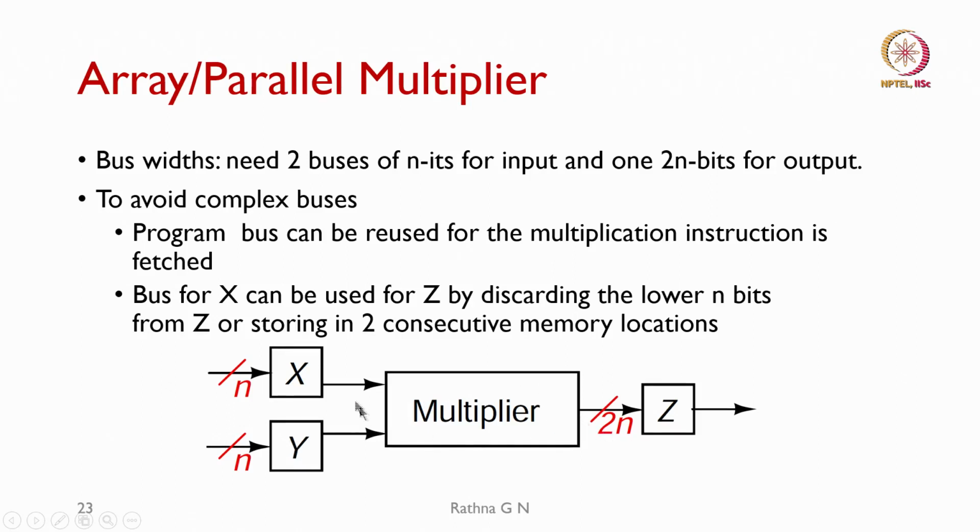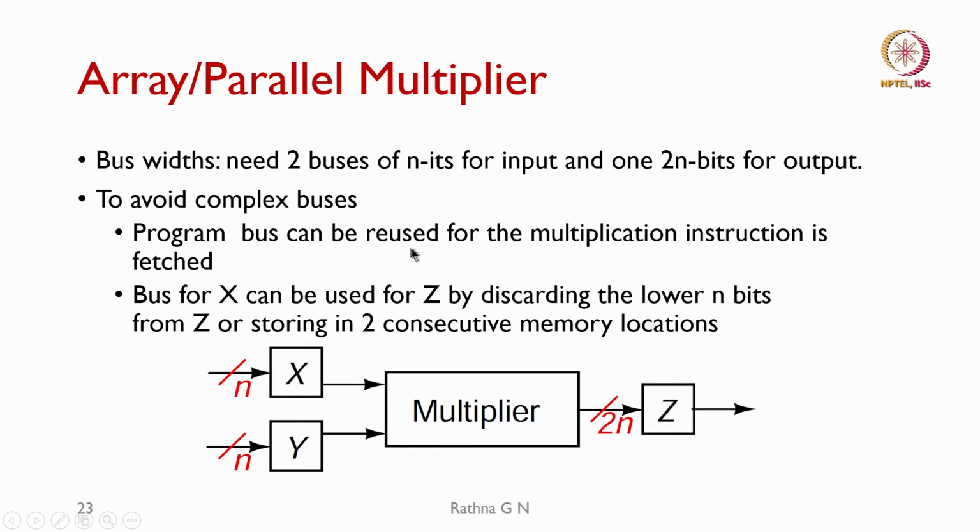If both inputs are n bits, then 2n will be the maximum number of bits needed at the output of the multiplier. So that can be z. It depends on the application.